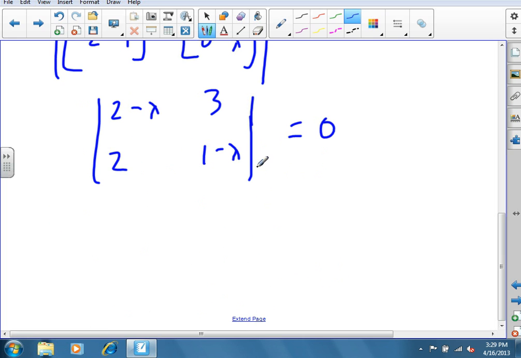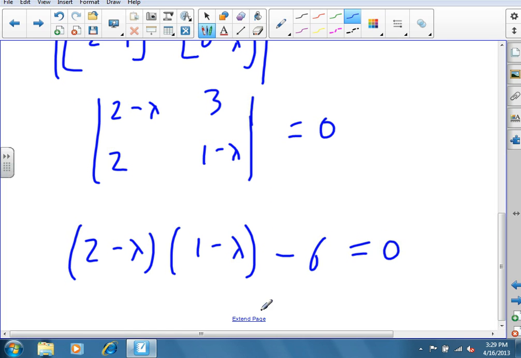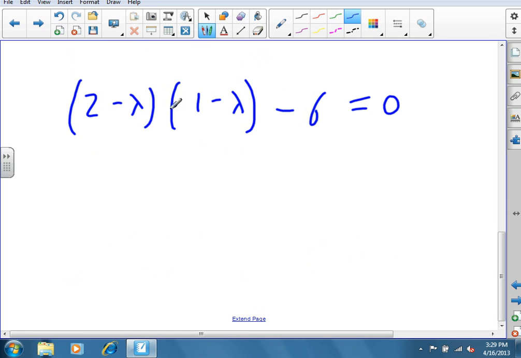Okay, so I've got this guy minus that guy. (2 minus lambda)(1 minus lambda) minus 6 is 0. So I got 2 minus 3 lambda plus lambda squared minus 6 is 0.